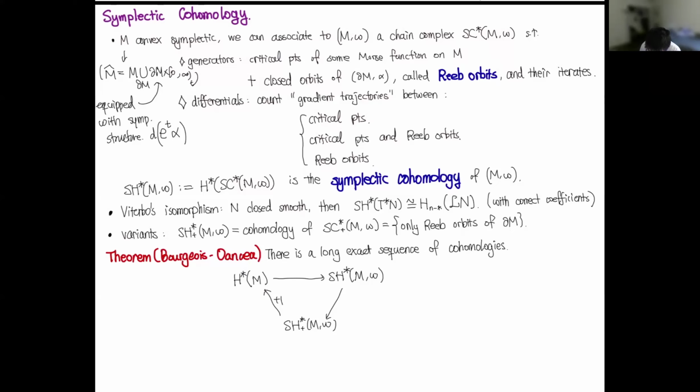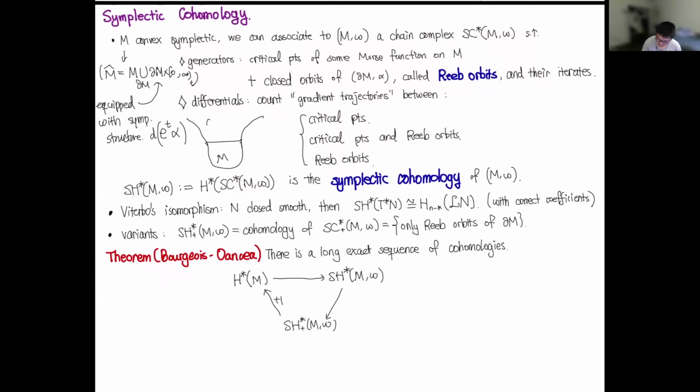So pictorially, this is your M, and then you exponentially extend your space. This is kind of a canonical extension because if you look at the contact manifold and you cross by R, this is one of the natural symplectic structures you can put on the product.